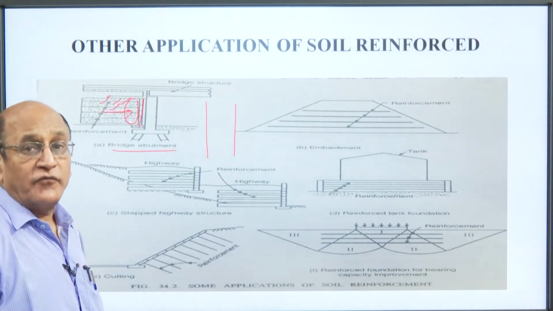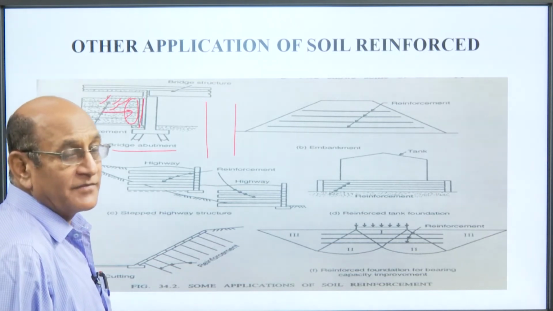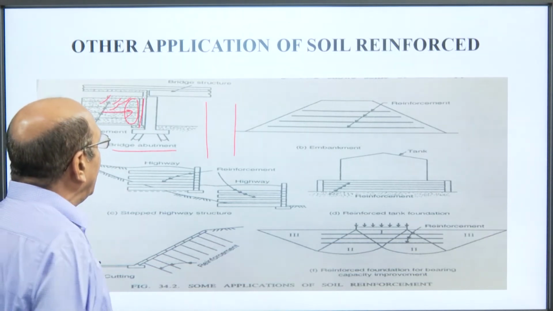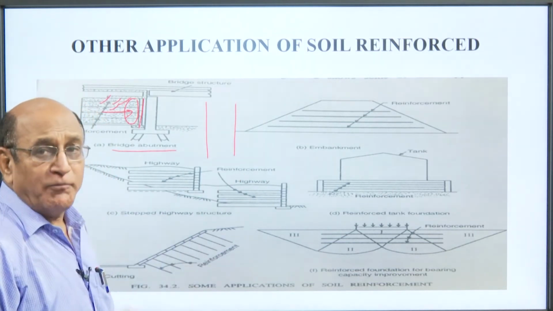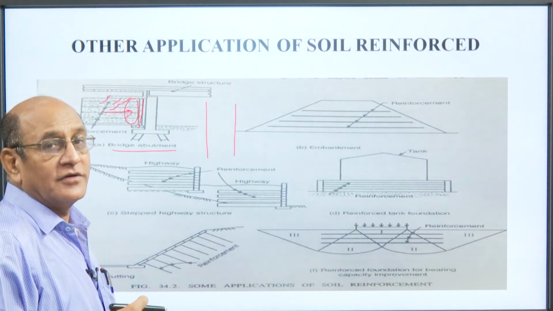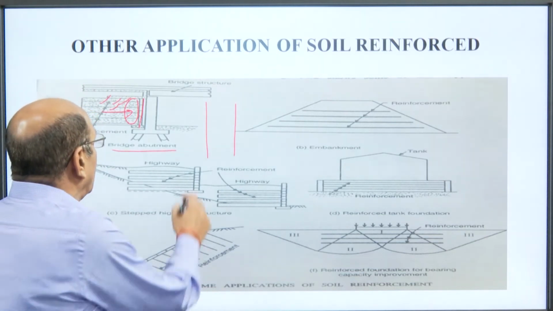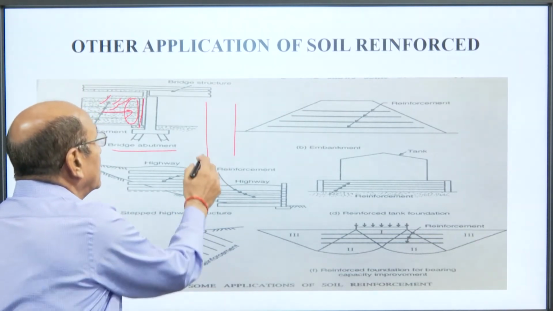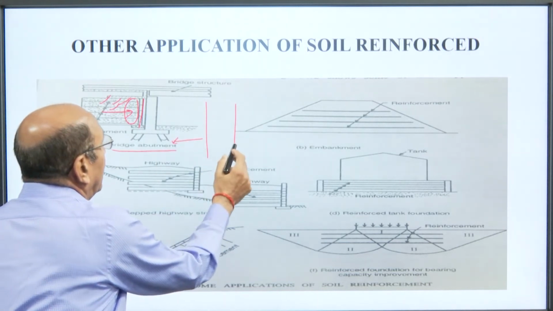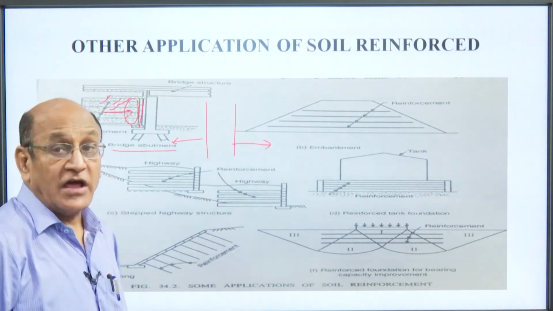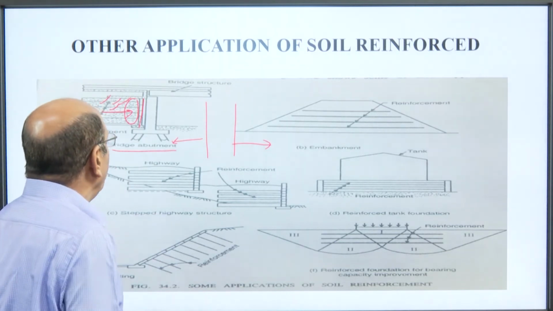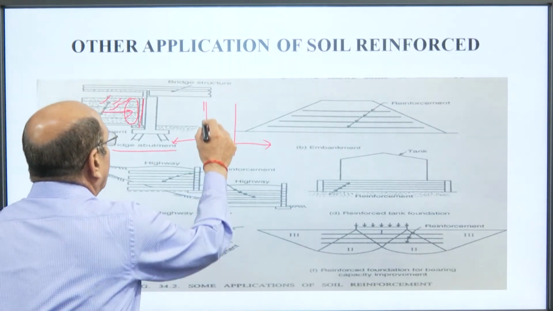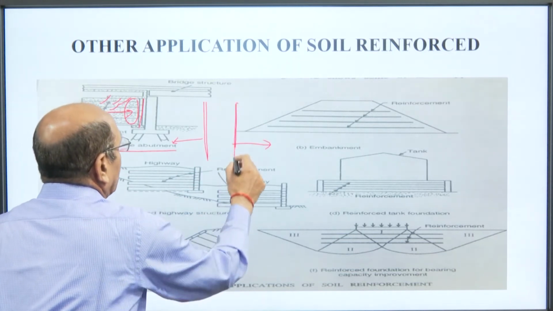If you construct an approach of a flyover, then the slope will take extra land which is not available, especially in urban areas. So, what will we do? We make a reinforced earth here.